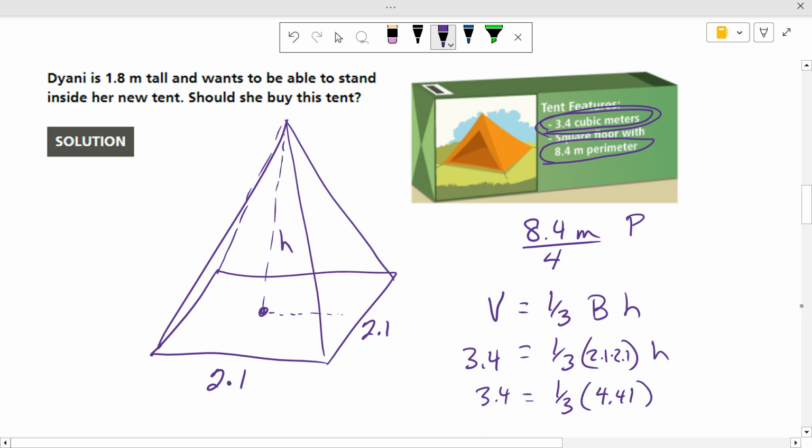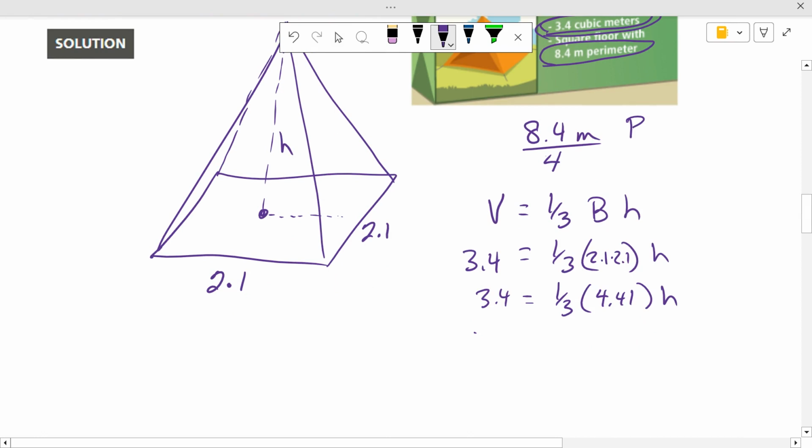Am I right? So then take 1/3 of 4.41. What's 1/3 of 4.41? 1 point something.